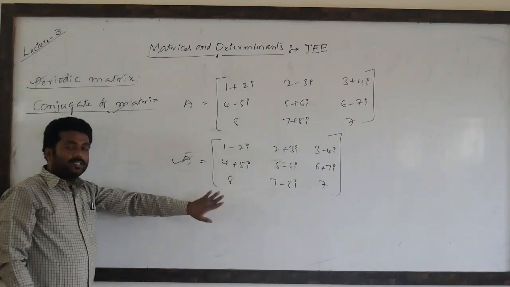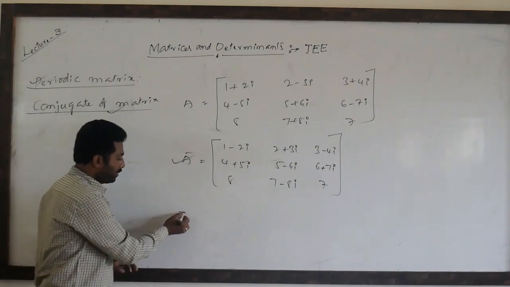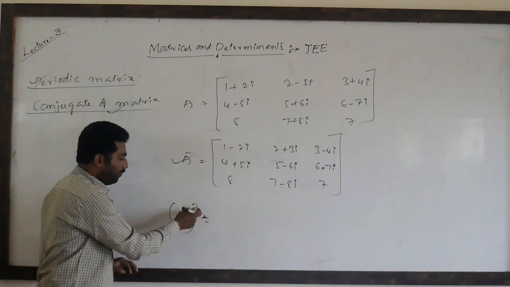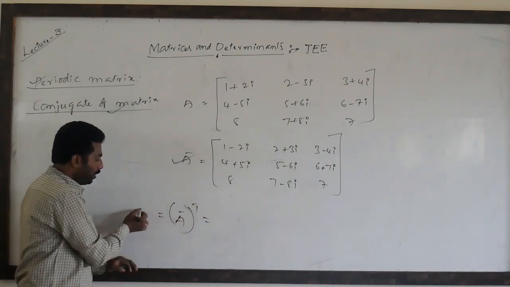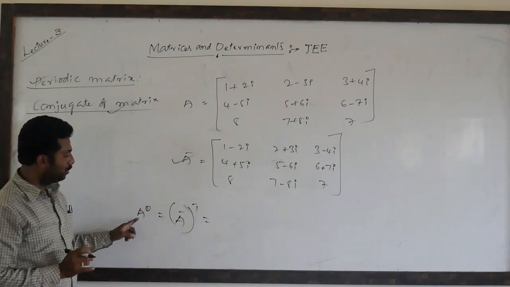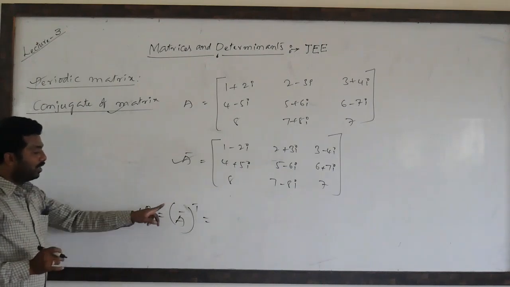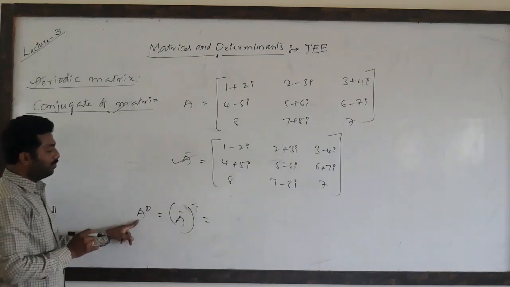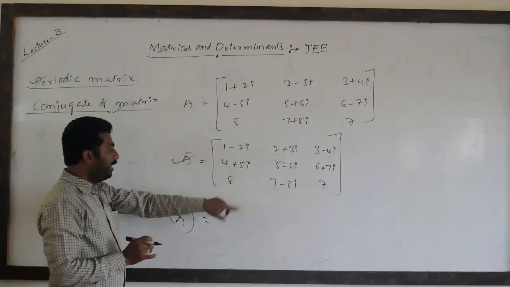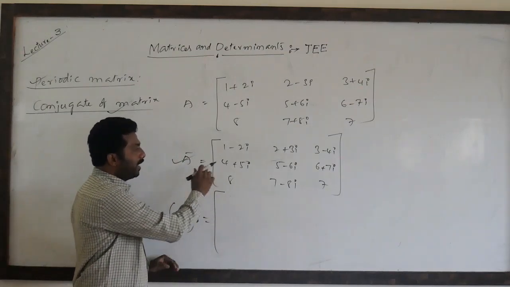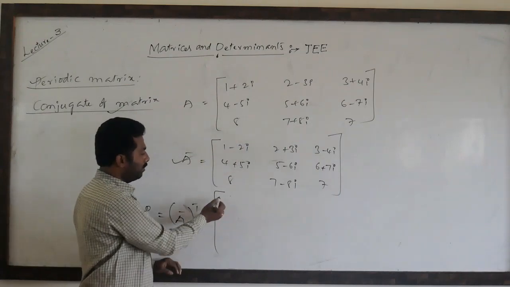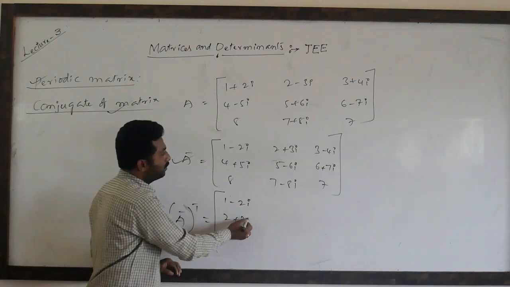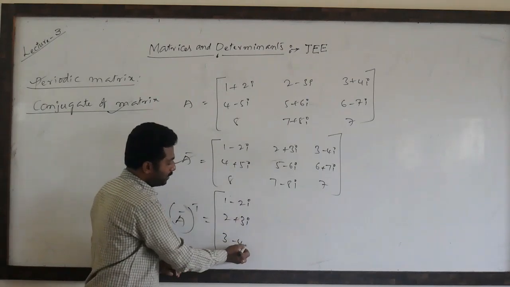Suppose I write the transpose of the conjugate of the matrix; it is denoted by A power theta. This is the transpose of the conjugate of a square matrix, denoted by A power theta. Again it's a transpose. What does transpose mean? First row becomes first column: 1 minus 2i, 2 plus 3i, 3 minus 4i.